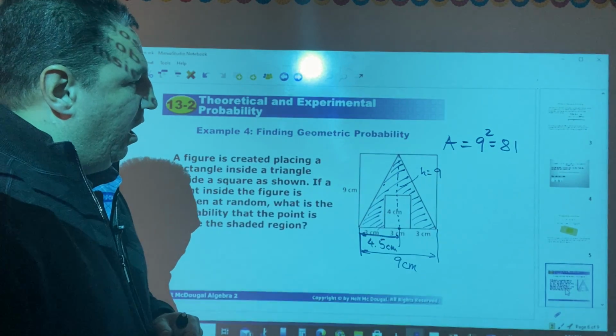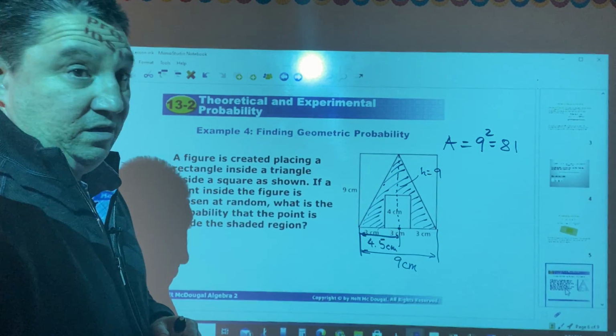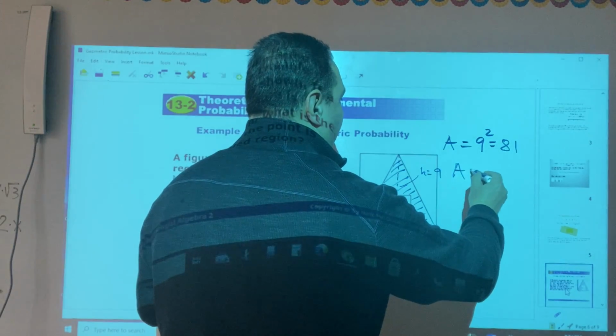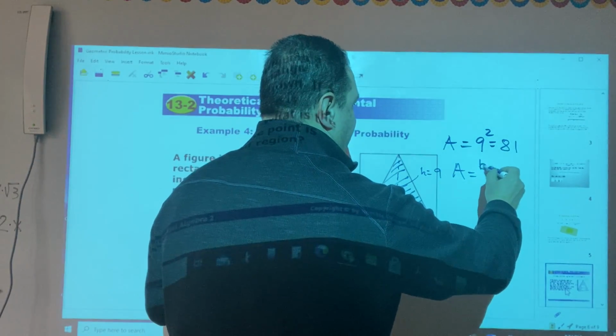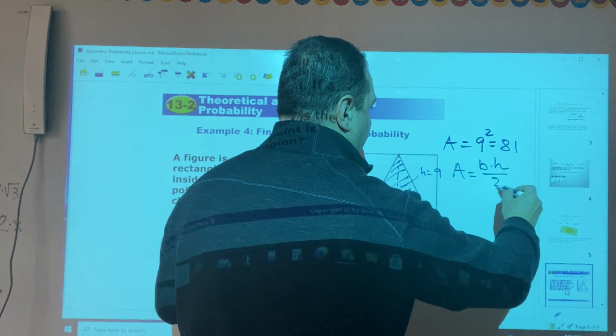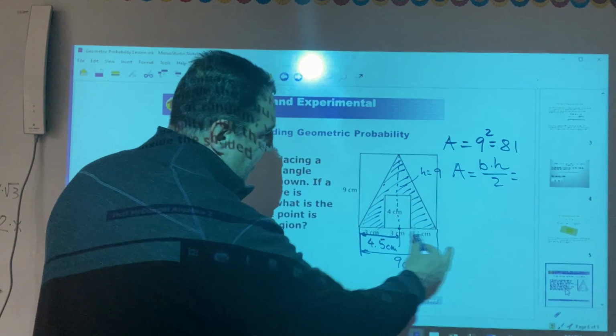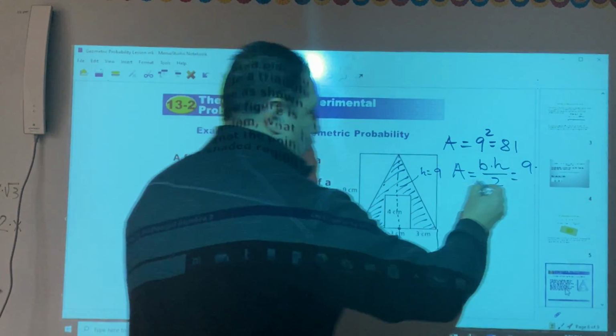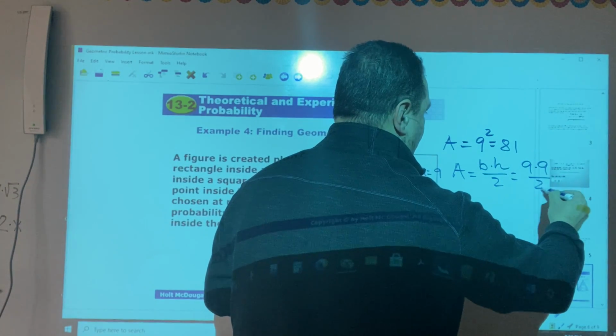Now, how do we find the area of the triangle? The formula for the area of a triangle is base times height over 2, where the base is 9 and the height is also 9, over 2.